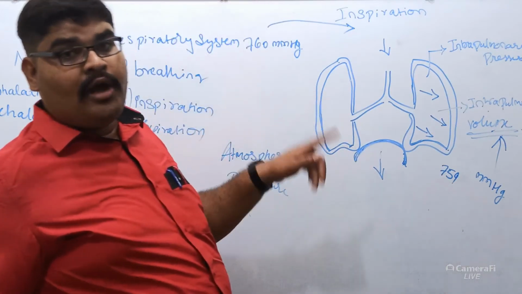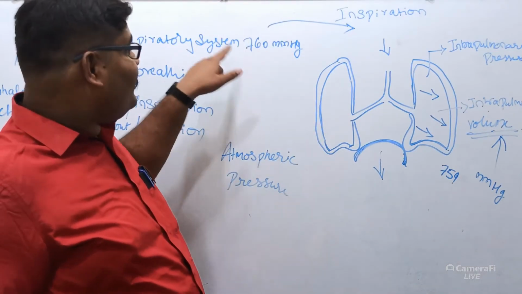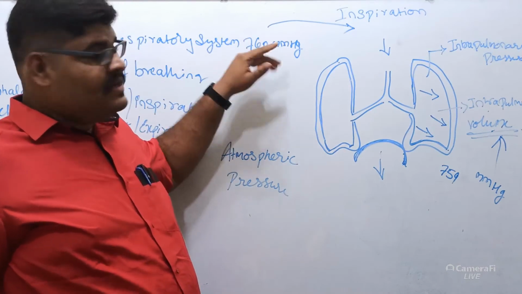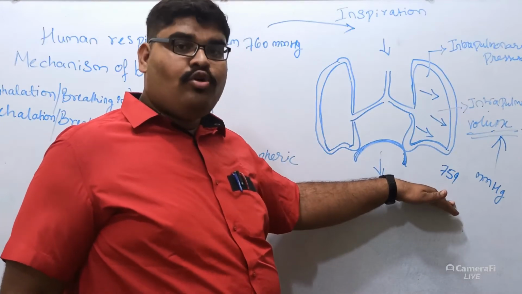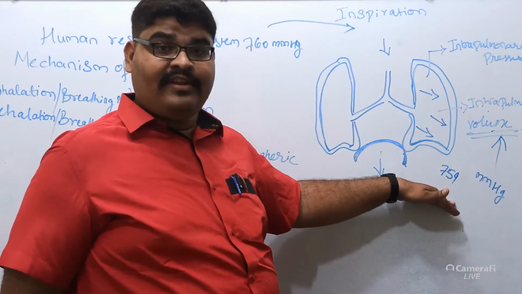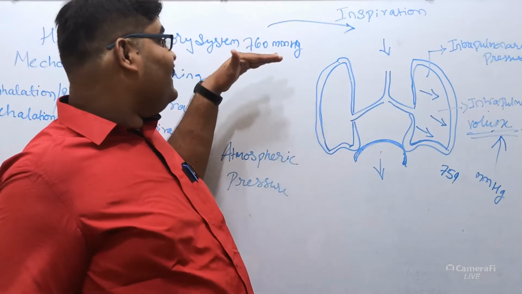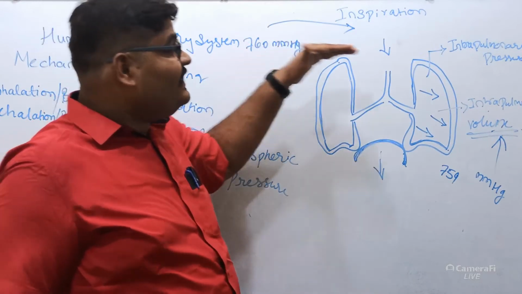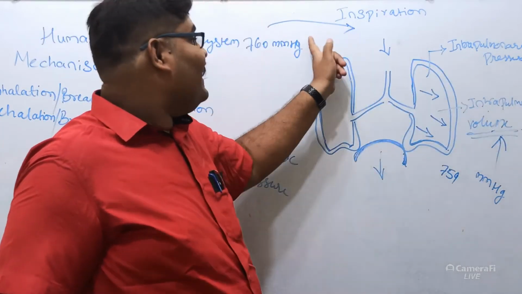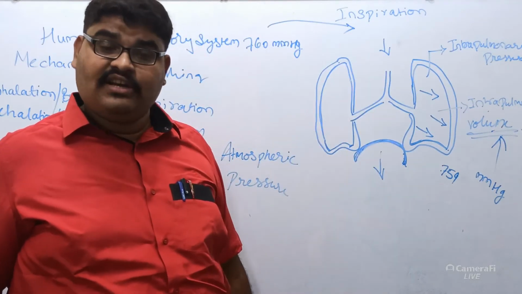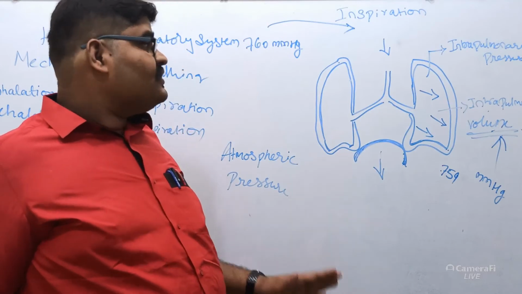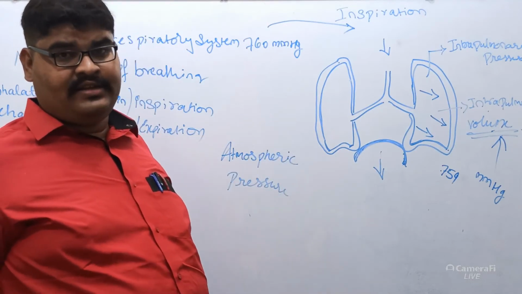The pressure outside is 760 mmHg, which is higher compared to 759. Only 1 mmHg, but that is also the difference. So because of the higher atmospheric pressure and decreased intrapulmonary pressure, air is moving from the region of higher pressure. I have already said it is the physical concept, right? So this is what is happening in inspiration.